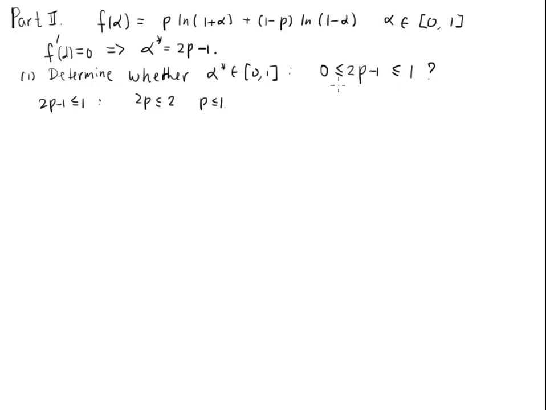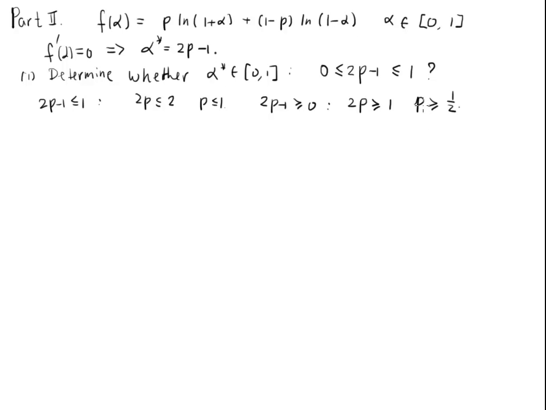But how about the other inequality? We have 2p minus 1 needs to be greater than or equal to 0 if we want alpha star to be inside this interval. That means 2p needs to be greater than or equal to 1, and p is greater than or equal to 1/2.